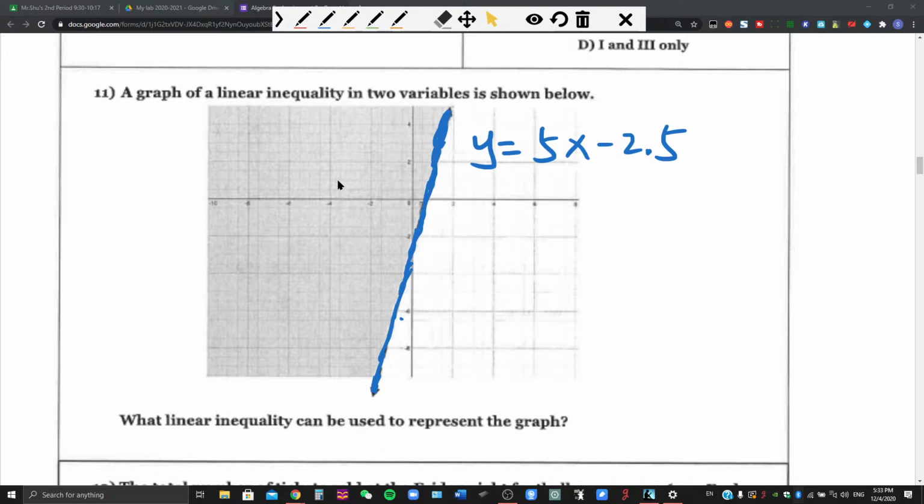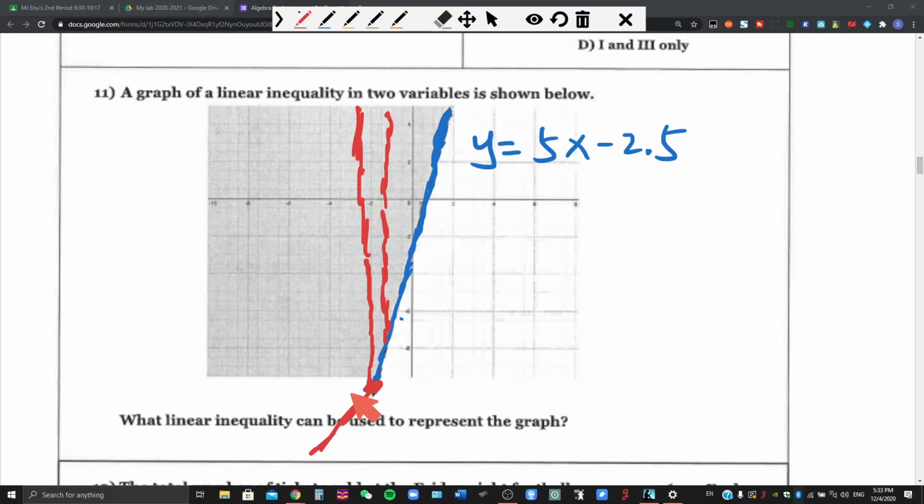And how do we know about the inequality? Well, let's check for this point. In the shaded area, the y values are greater than the point on the line. For all the different area points, the shaded area is greater than that value.